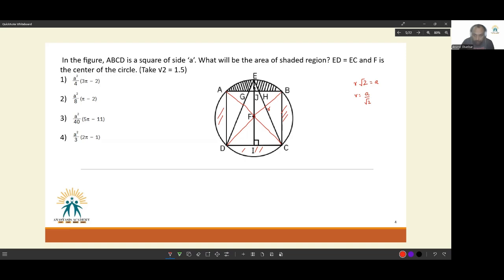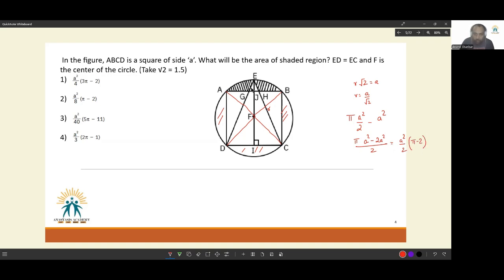Now, I know the radius. I know the area of the square. So I can get pi A square by 2 minus the area of the square, which is A square itself. I can get pi A square minus 2A square, whole thing by 2. I can take A square by 2 out. I'll be left with pi minus 2.